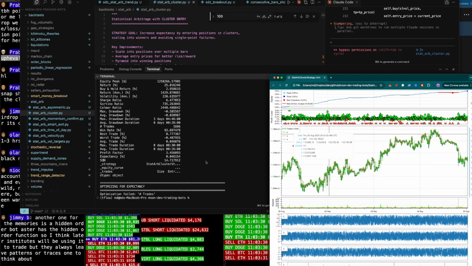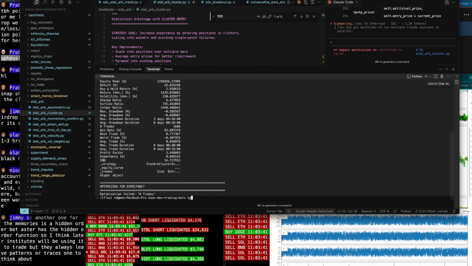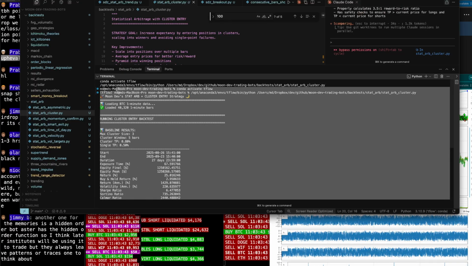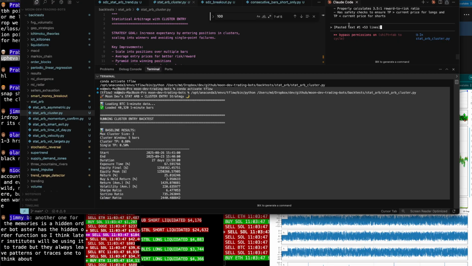You can see here, expectancy is 0.04, so it is better. But still, I need to get to like a 0.2 expectancy. You forgot to optimize for ROI, not trades.